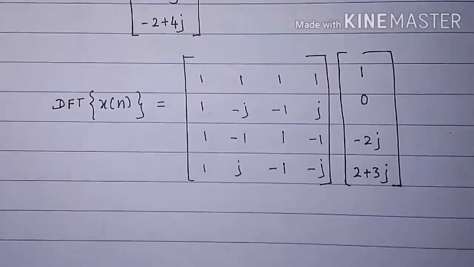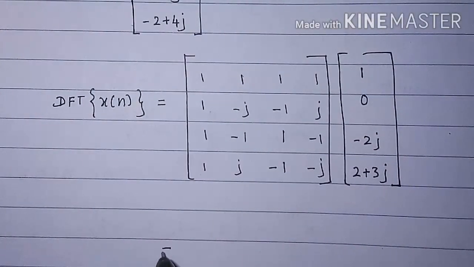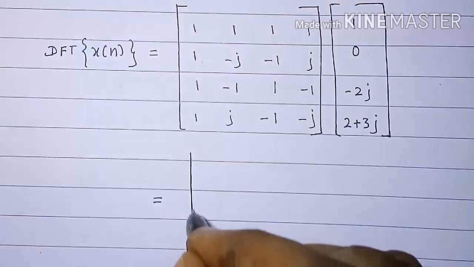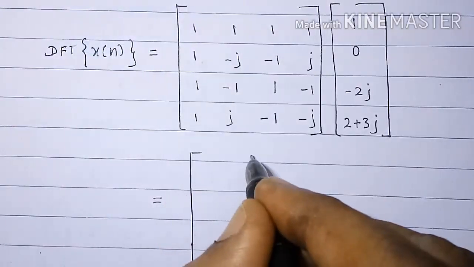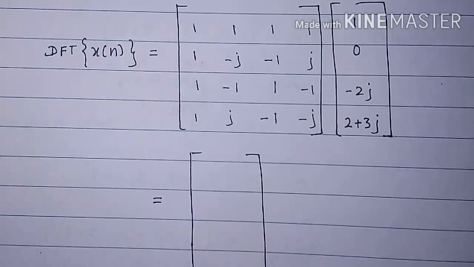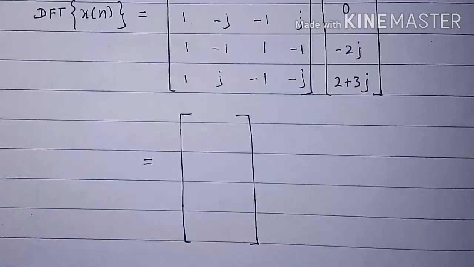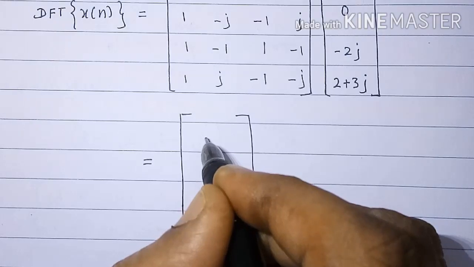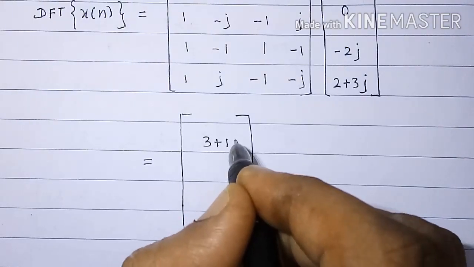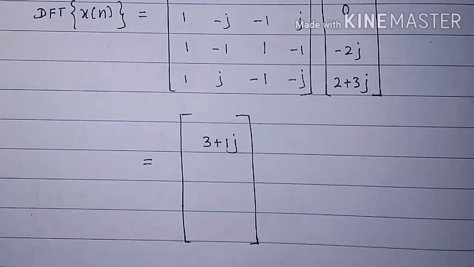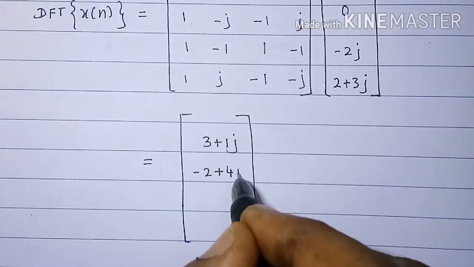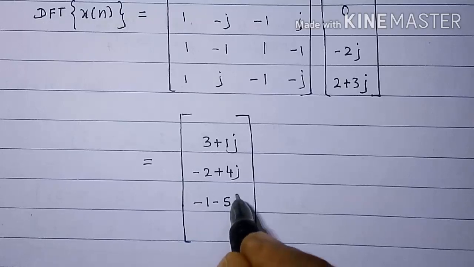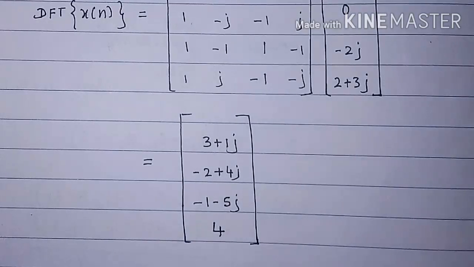Multiplying these two matrices, we get 3 plus 1j, minus 2 plus 4j, minus 1 minus 5j and plus 4.